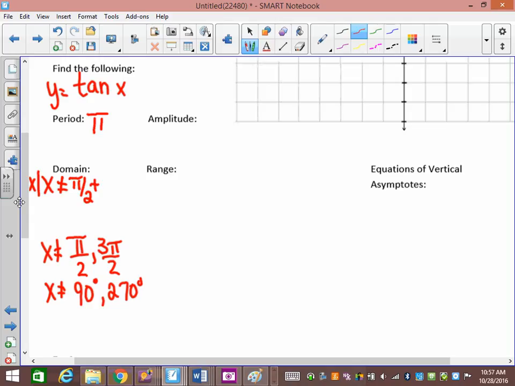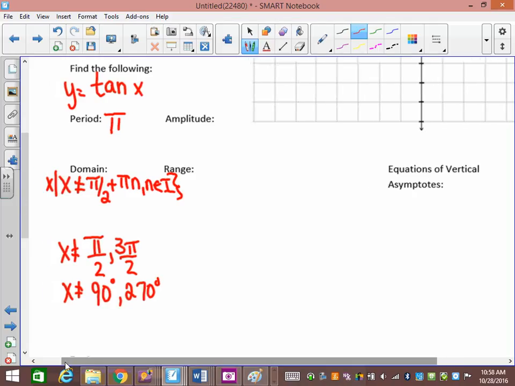How many later? Every 180, right? What's 180 in radians? Pi. Pi n, n ∈ I. Or it can be x such that x can't equal 90 degrees plus 180 degrees n, n ∈ I.